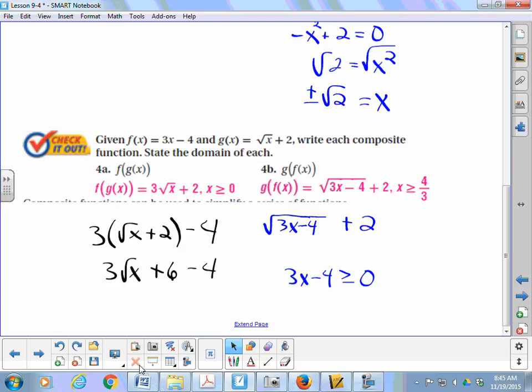So if you have problems like this, make sure you definitely have a clear ending to your radical before that plus sign, so you have space there.